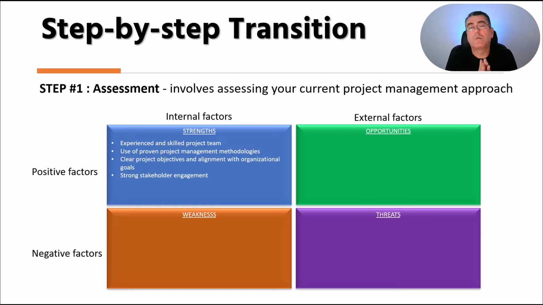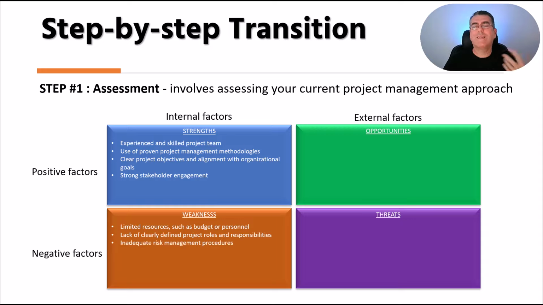But also you must identify some negative factors, like the weaknesses. Maybe you have limited resources such as budget or personnel. These could jeopardize your strategy to adopt hybrid project management. Lack of clearly defined project roles and responsibilities. As in any other approach, you need to clearly define the roles and responsibilities for your team and your stakeholders.